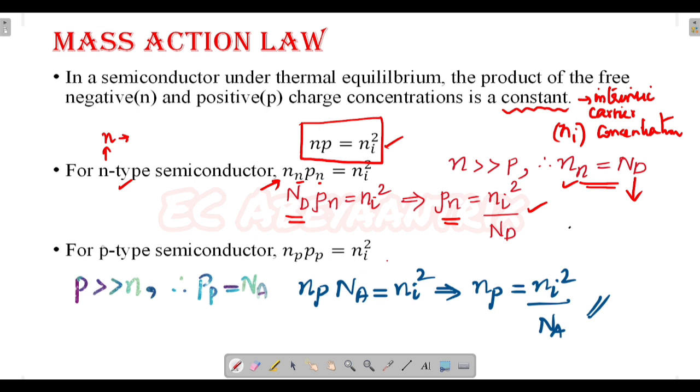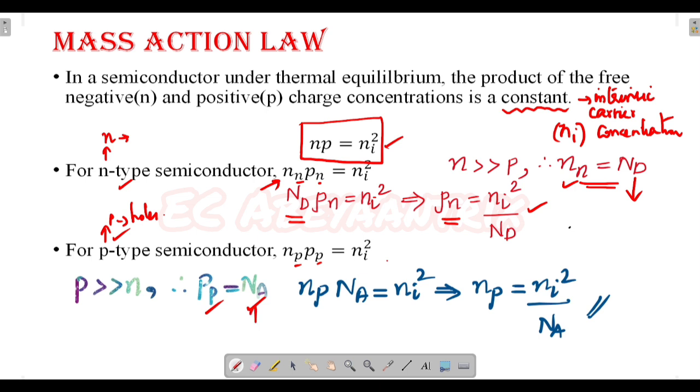Similarly, for a P-type semiconductor, the majority charge carriers are holes, as I discussed in the previous video. The same mass action law can be rewritten with p in the subscript, because it is a P-type semiconductor: Np Pp equal to Ni square. Since holes are the majority charge carriers, Pp, the number of holes in a P-type semiconductor, will be equal to Na.